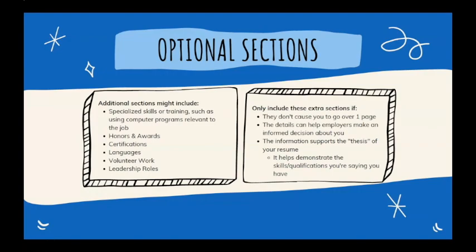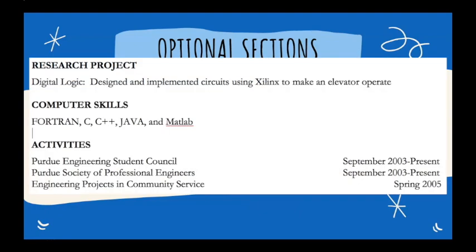Towards the end of your resume, you can also include optional sections. Additional sections might include specialized skills you have or training, like using computer programs relevant to the job. Could be honors and awards, certifications, languages, volunteer work, and leadership roles.